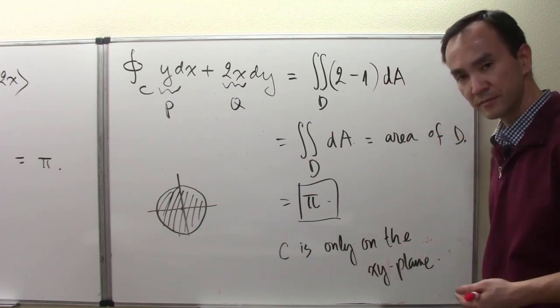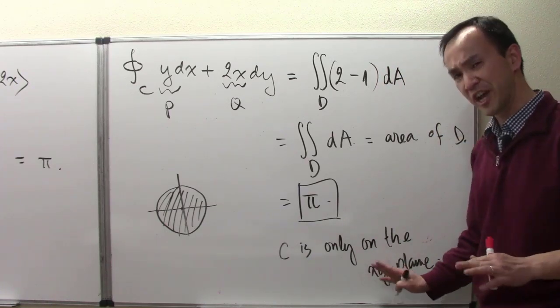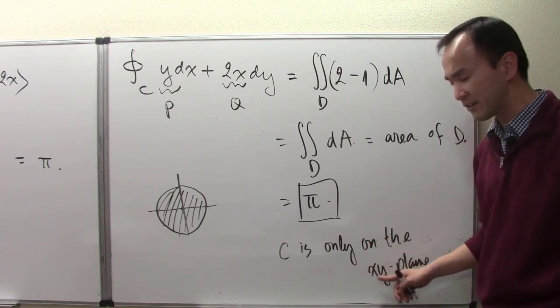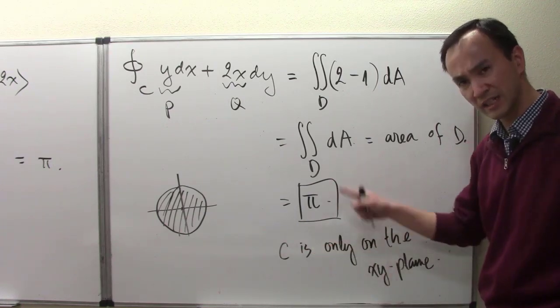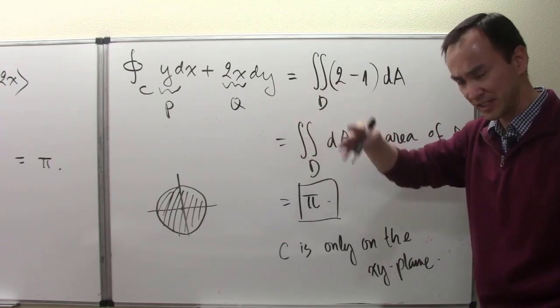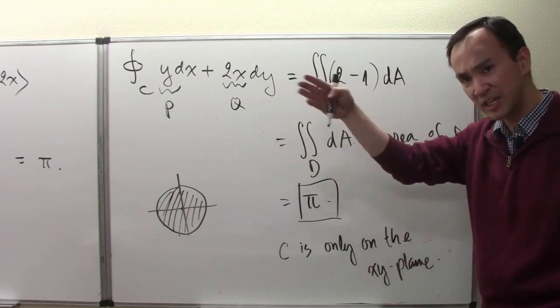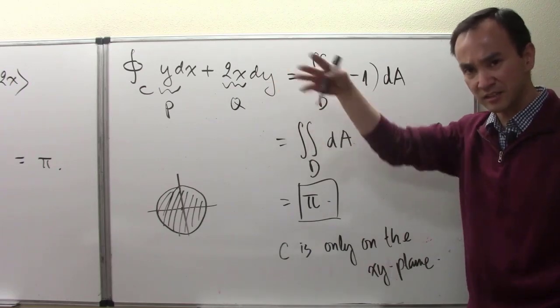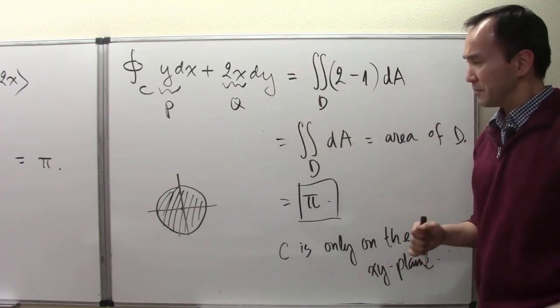All right, that's the idea. And with better generality, C is only on one of the three planes, either the xy plane or the xz plane, if we express the vector field differently.